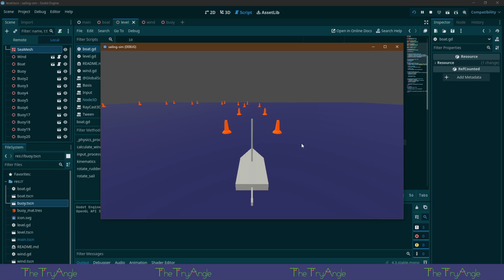I kind of wonder. Huh. Ah, well, I feel like this is a lot more stable. And I think the rudder effectiveness could be increased.